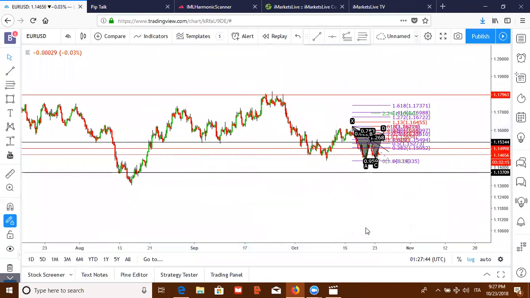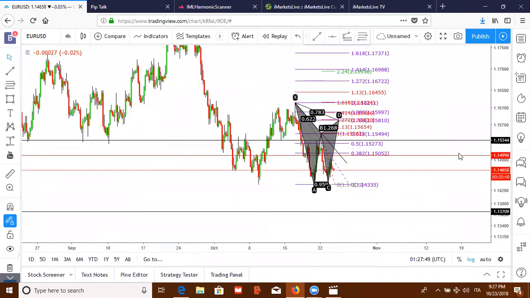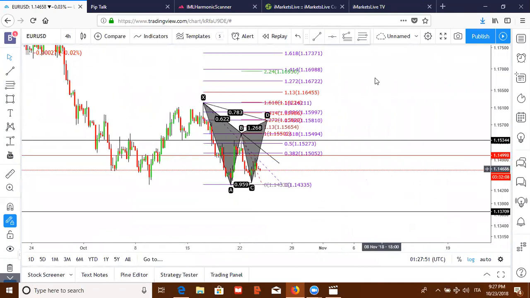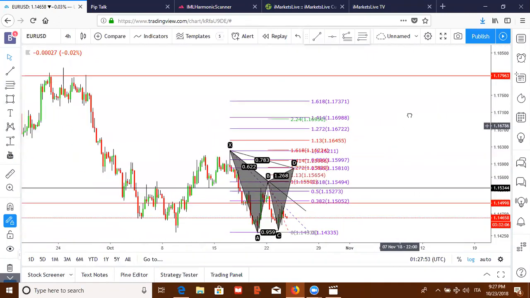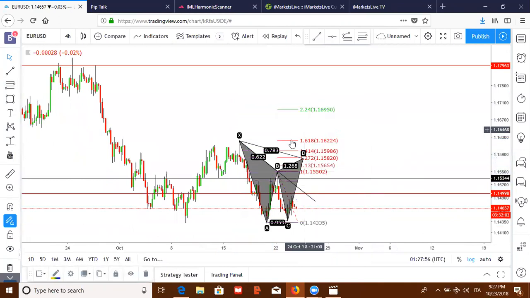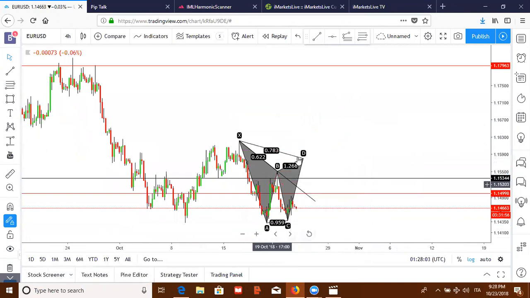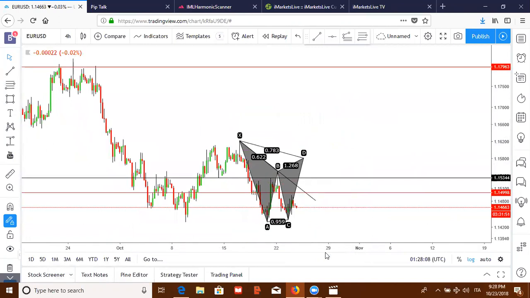So now that we went over this and what I see on euro dollar, and again, I think we also have the possibility of the same as that move right here. Let me see something. Remove that.